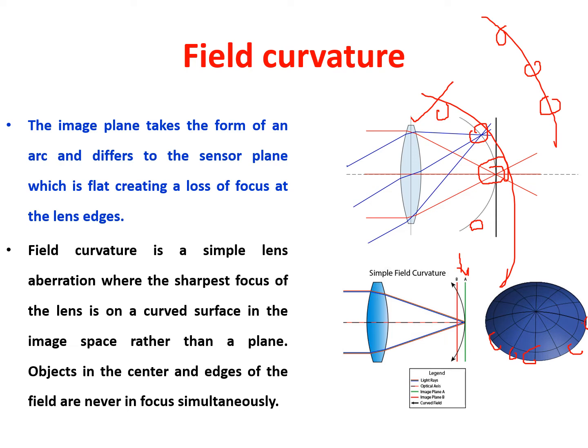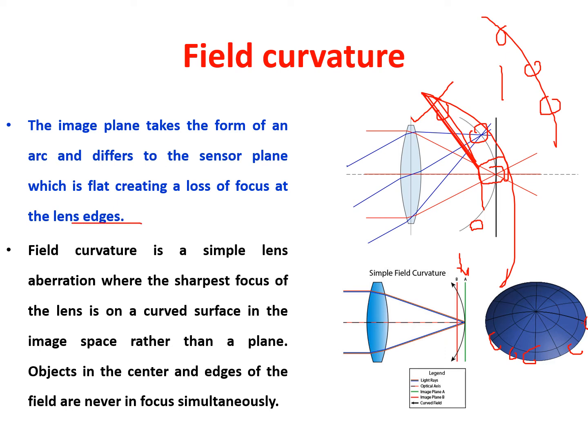See, we will see here. The image plane takes the form of an arc. So the image plane, this is the actual image plane. It is formed like an arc and differs from the sensor plane, which is flat, creating a loss of focus at the lens edge.